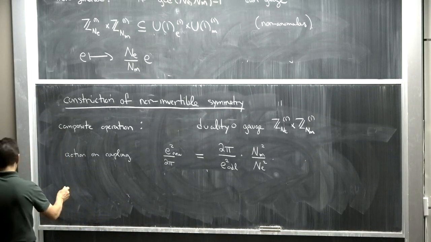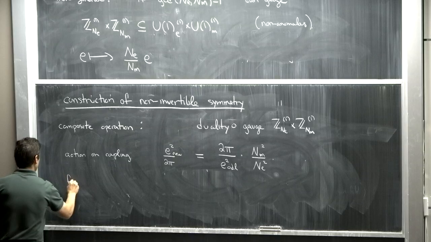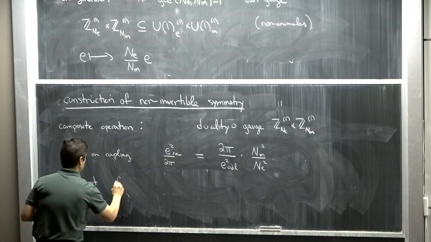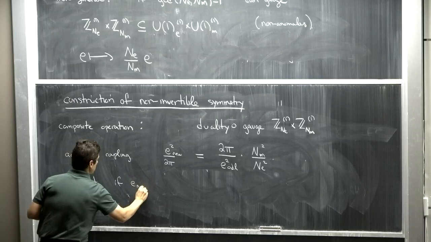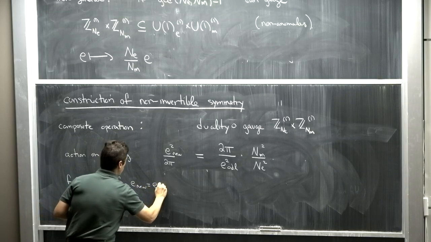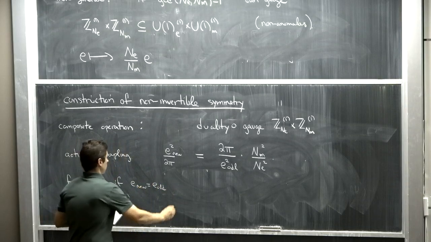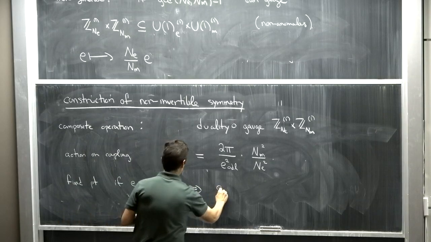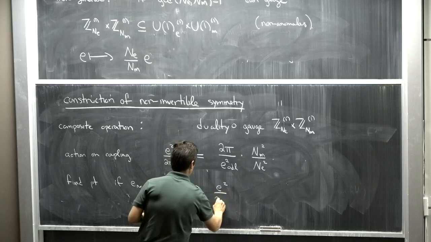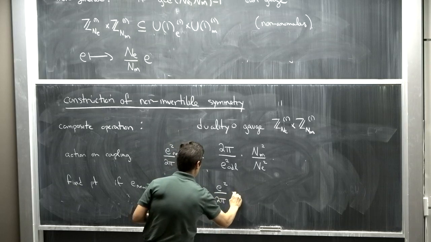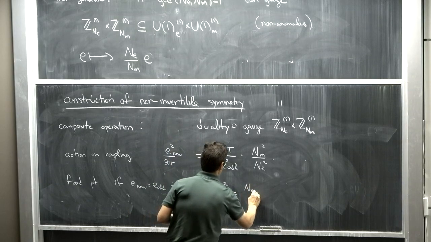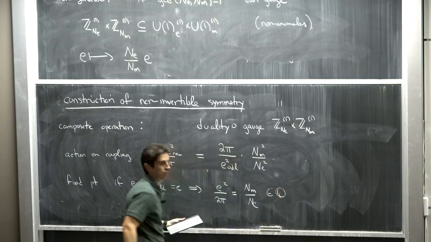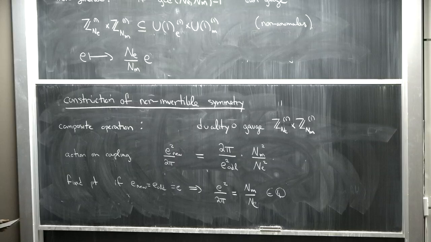In particular, there's a fixed point if e new equals e old, which I'll just call e then, and that implies that e squared over 2 pi is equal to N_M over N_E, which is any rational number. Okay?